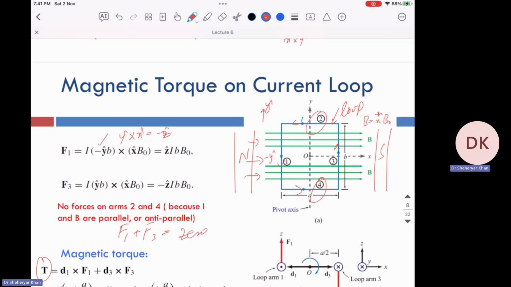So the idea is to create a pivot here, make an axle here and use bearings here, and let the coil rotate. So what is the benefit?